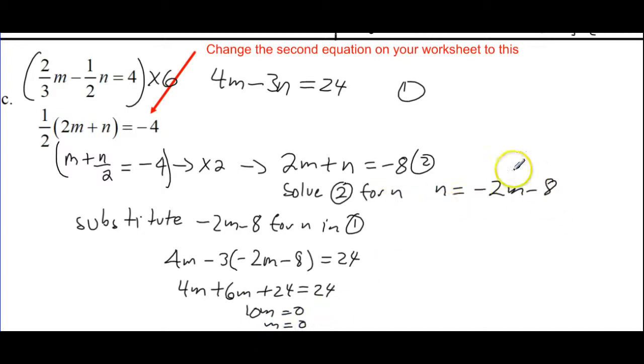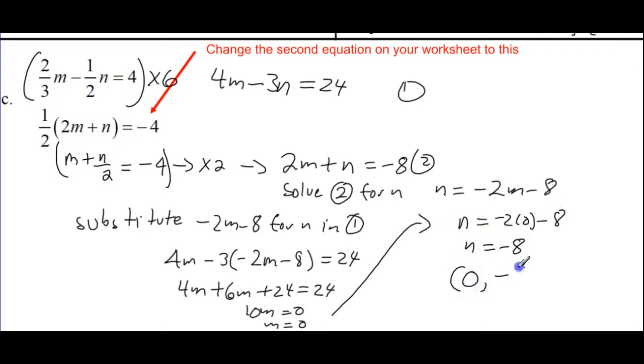And then n, well, if m is 0, then n is equal to negative 2 times 0 minus 8, so n is negative 8. And so in alphabetical order, mn is 0, negative 8.